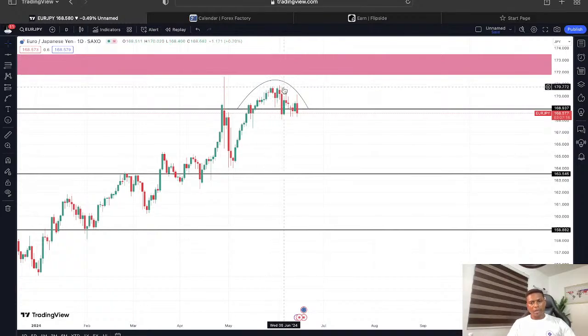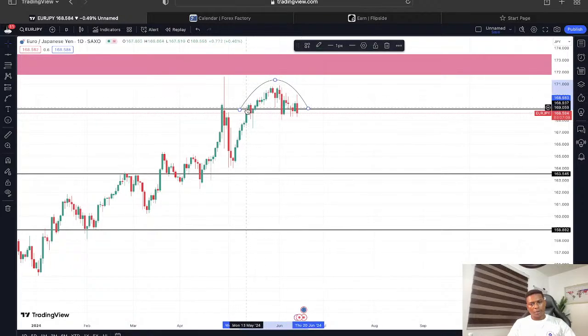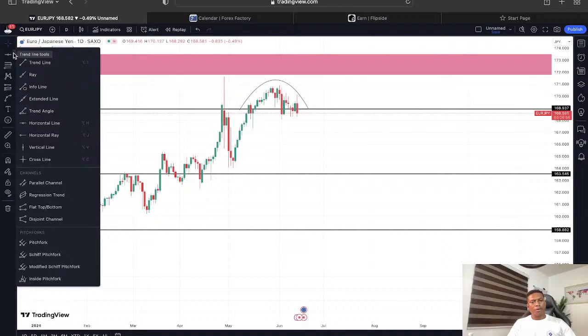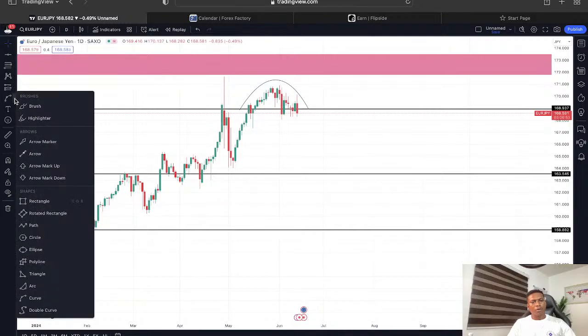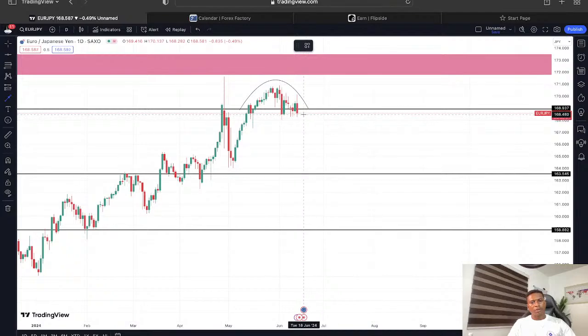I see this C pattern, like a cup pattern. When you see a cup pattern, it only points to a higher probability of a fall in price.